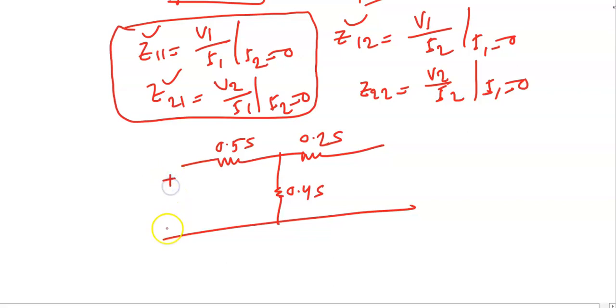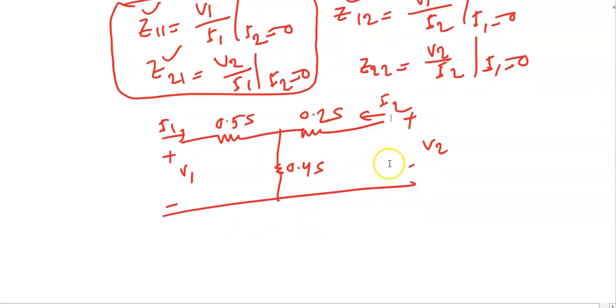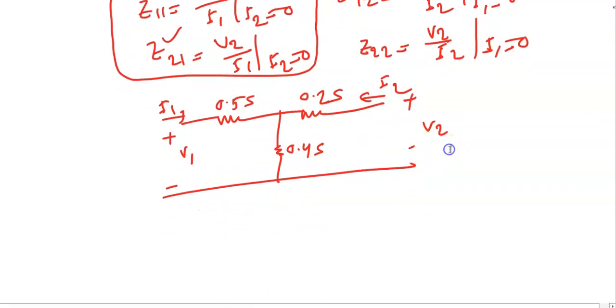We need to find the parameters. As usual, by definition, very simple. Every time you will find one or two questions in your GATE exam, one 1 mark question and one 2 mark question.